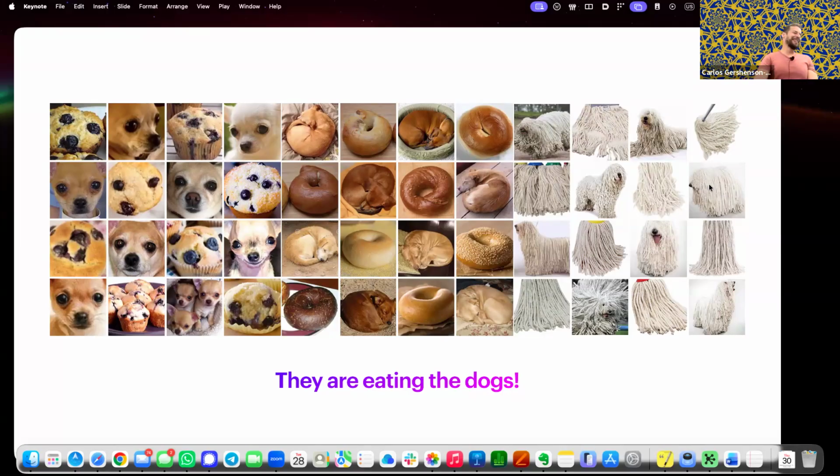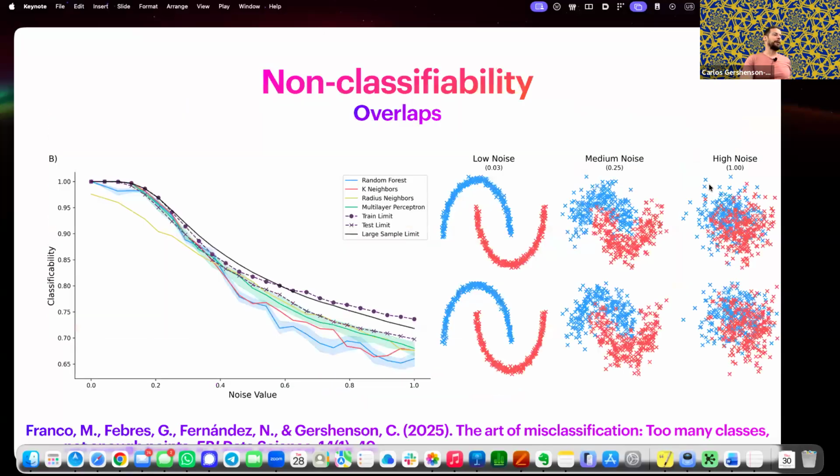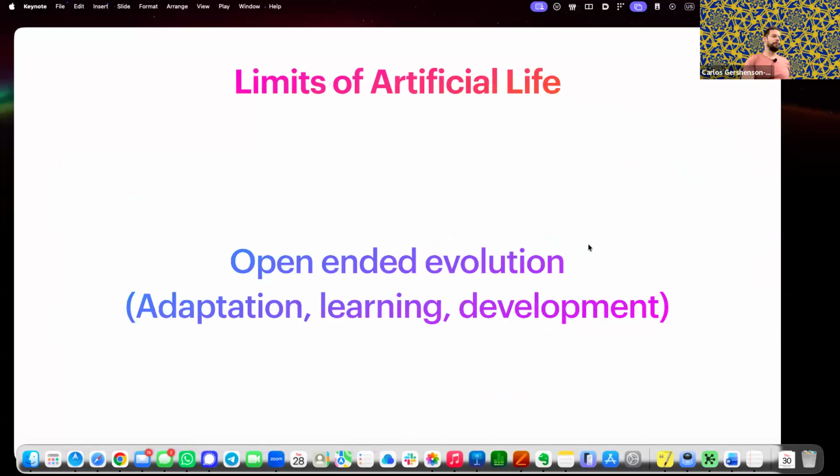Yes, sometimes one can also get confused. And I guess nowadays you can ask AI to produce images that will look somewhere in between those, and then it will be even more confusing. But anyway, with Mario Franco, who's doing his PhD here, and a couple of colleagues who were visiting professors, we published this work.